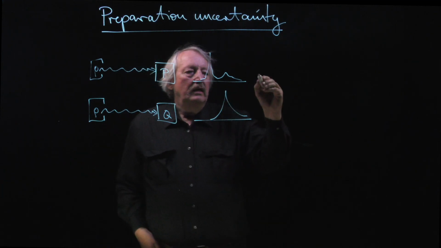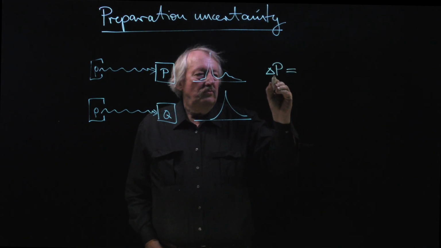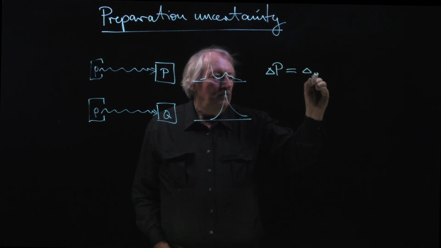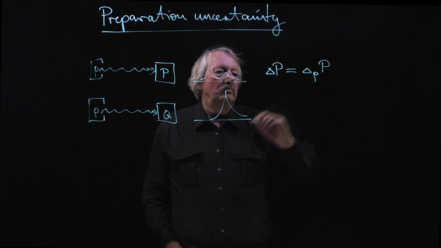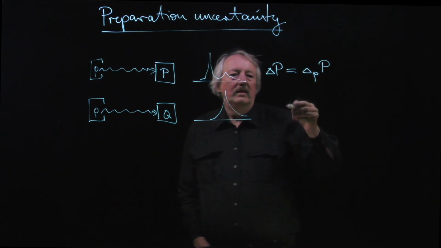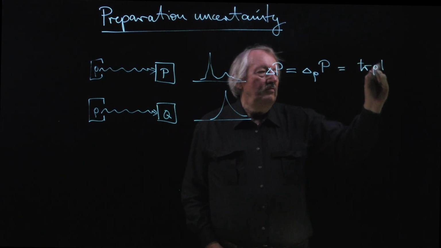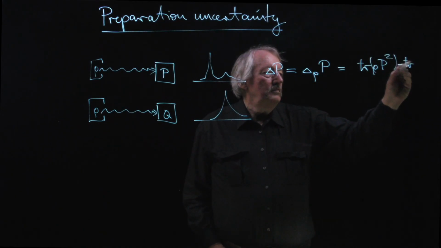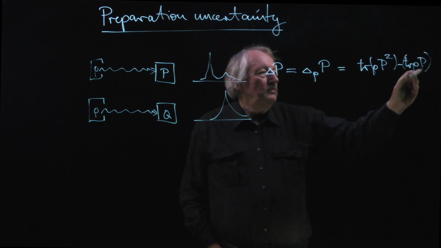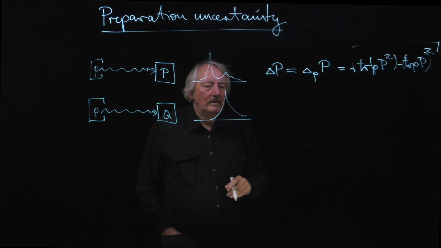And then the delta P in the state, to be more explicit, I would put the state as an index to this delta symbol, is the expectation of the variance of that distribution. So the second moment minus the expectation, and you take the standard deviation.